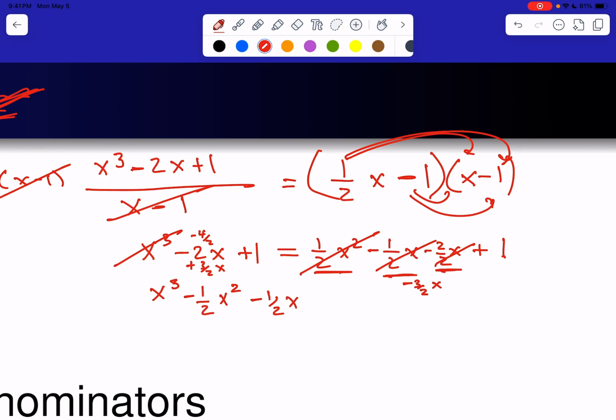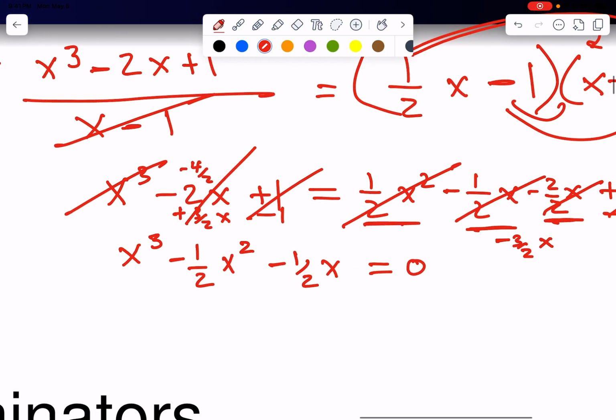Okay, so that's all good. Now, I move the 1 over, minus the 1. That's going to cancel the 1, so we get equals 0. Well, that's good news, because now I can factor an x out. So we get x squared minus 1/2 x minus 1/2.